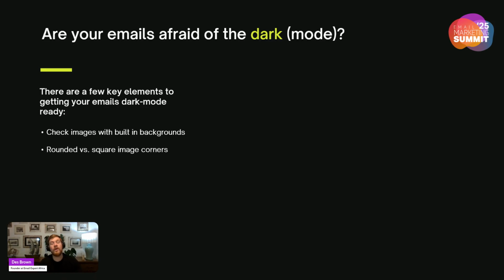The next one, and it's quite a common mistake that even I've made up until recently, is checking for visual consistency. And very often one of those things is rounded versus square image corners.